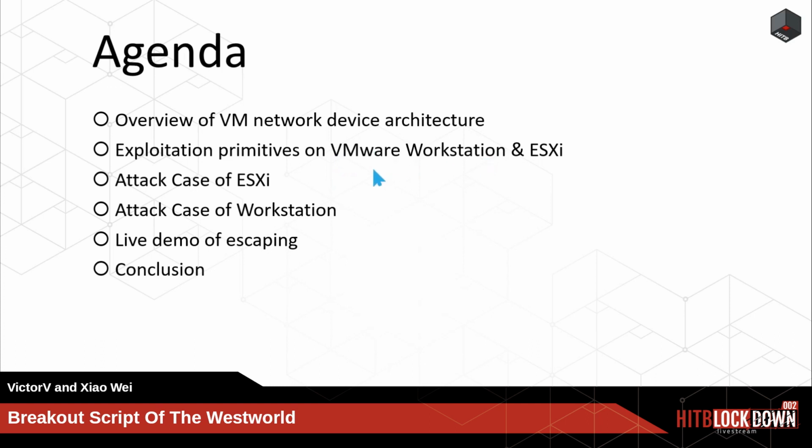Then, we show 2 examples with these primitives. Furthermore, we will show a demo of escaping from ESXi. At last, we discuss what we learned and what is new in the newest Workstation.